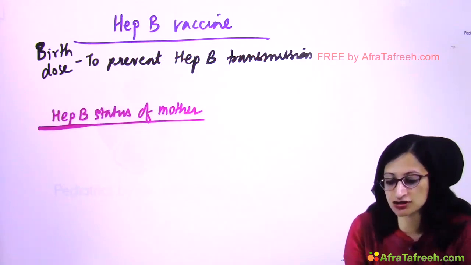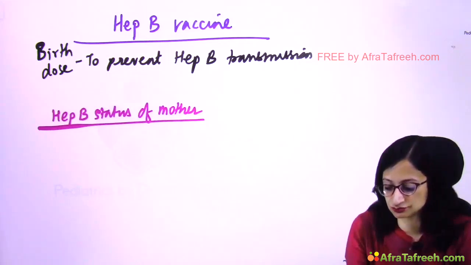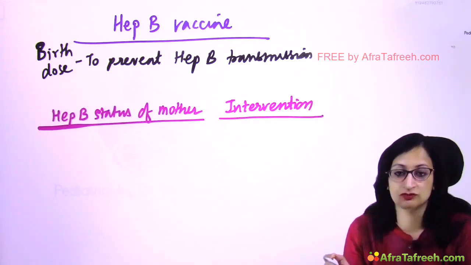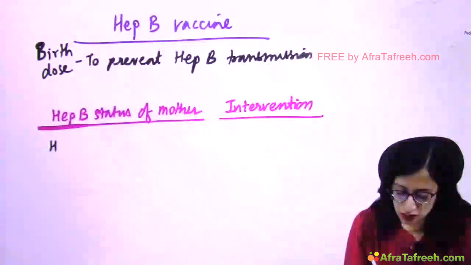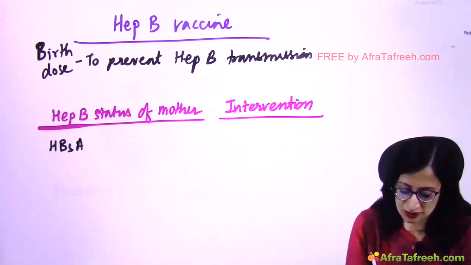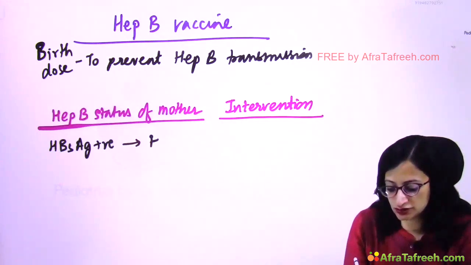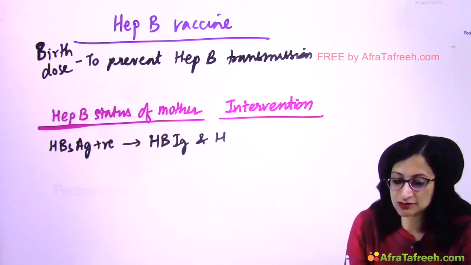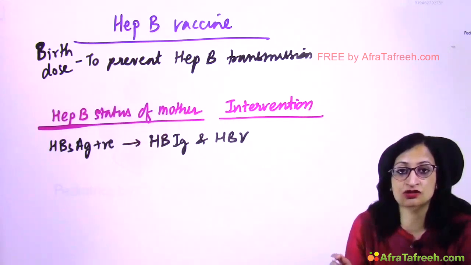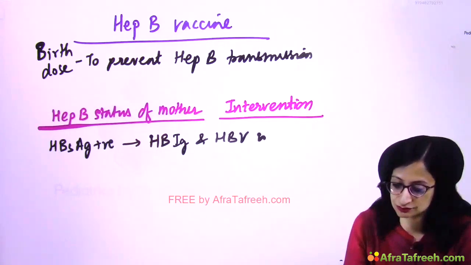Let us see. And it is often asked in MCQs. So if the mother is HBsAg positive, you need to give both hepatitis B immunoglobulin and hepatitis B vaccine within 12 hours after birth.